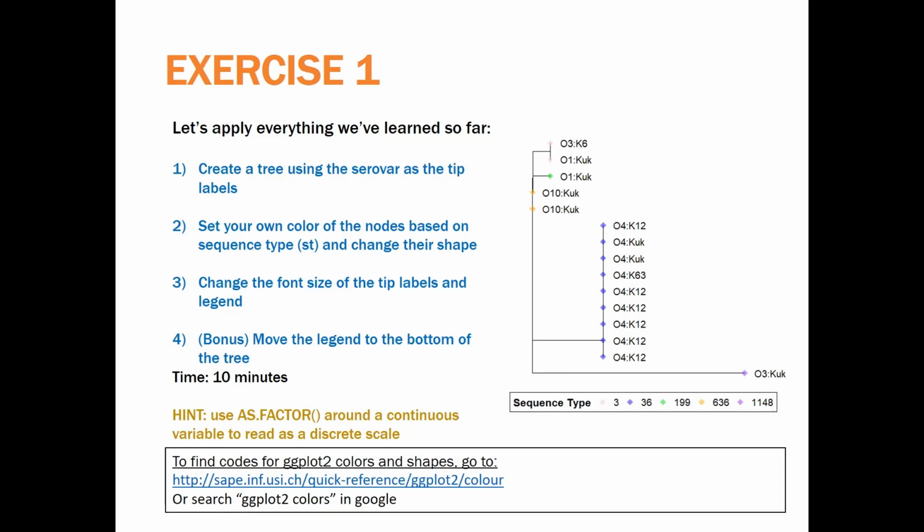If you're having issues, you can try and color by a different variable as well and see what that looks like. And if you need to look up any colors, if you want to customize them, you can search for ggplot colors. And the codes for the shapes are a couple slides back, or you can just try and type in a random number and see what comes up.